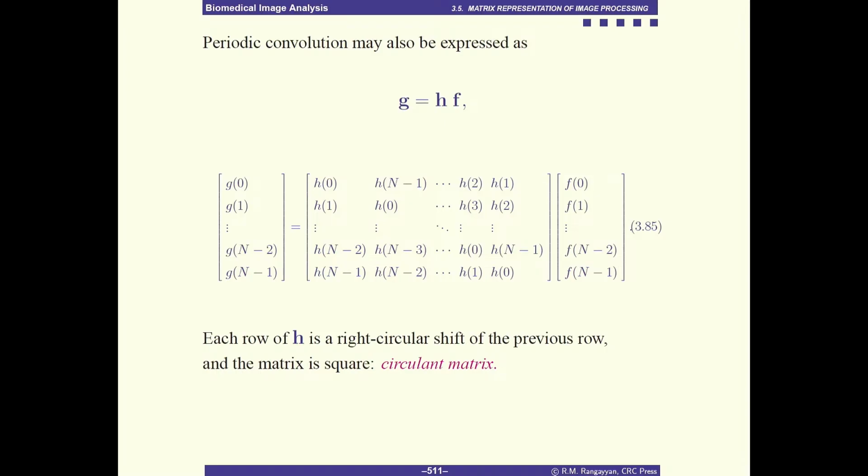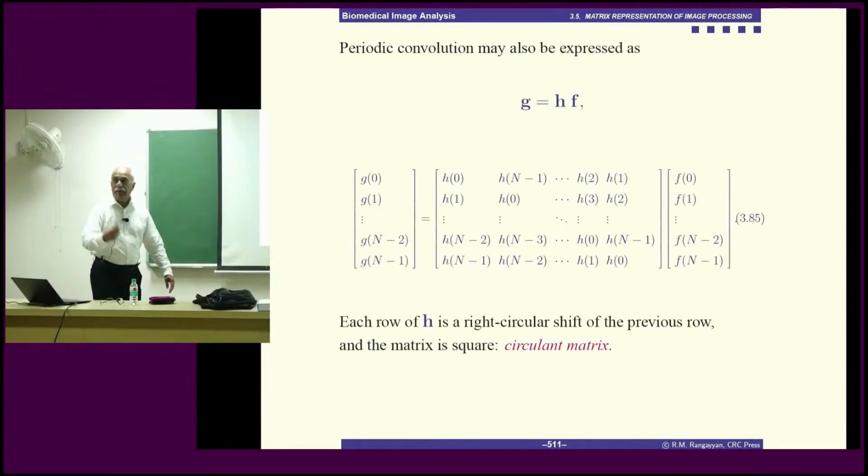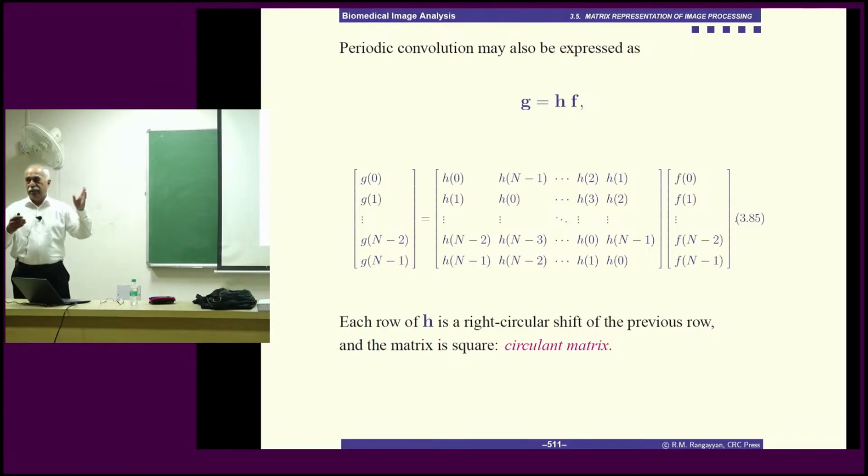At the end you get 0, 1, n minus 1 in reverse order because of the reversal in the convolution integral or sum. So if you want, you can take this, F0, multiply with this, F0 Hn minus 1, F1 Hn minus 2, and so on, Fn minus 1 H0 is Gn minus 1. Take the convolution in sum or integral and work it out.